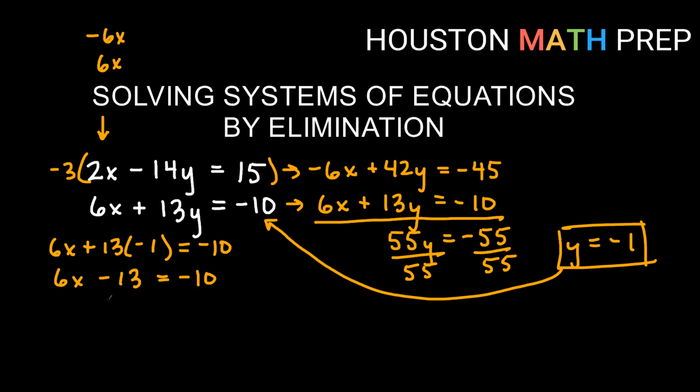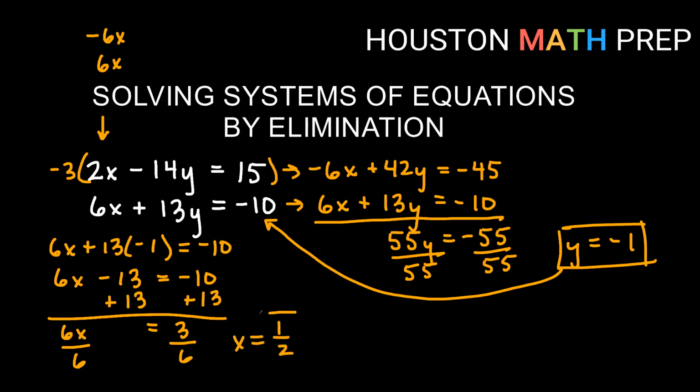So here I'm going to add 13 to get my x term by itself. That'll give us 6x equals -10 plus 13, which is 3. And if we divide by 6, then we get 3 over 6, and we should reduce that to 1/2. So for this one, x is 1/2, y is -1.